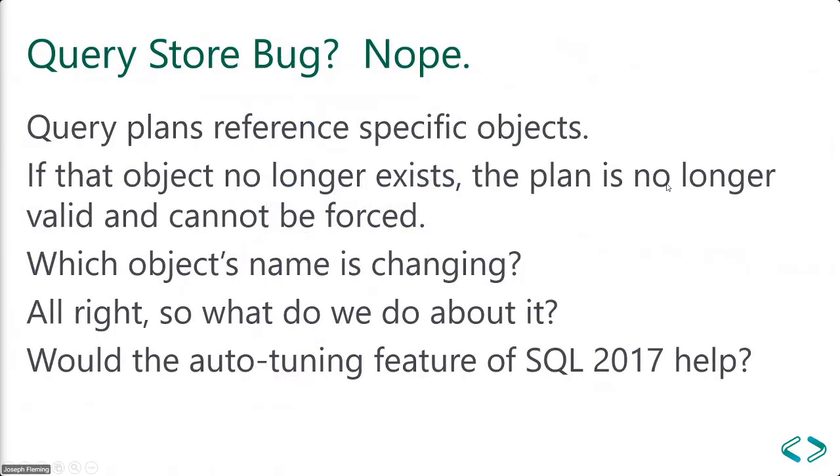So here we go. Is this a bug? No. The query store references very specific objects. If the object no longer exists, then the plan isn't valid anymore and can't be forced. So in here, which is the object's name that's changing? Normally I would be able to ask you guys to look at the screen.